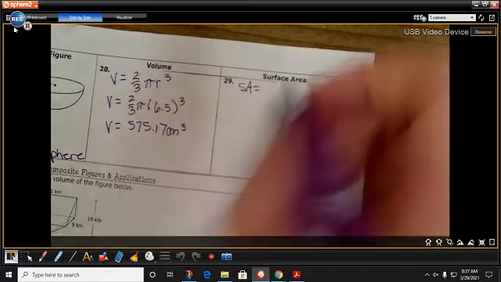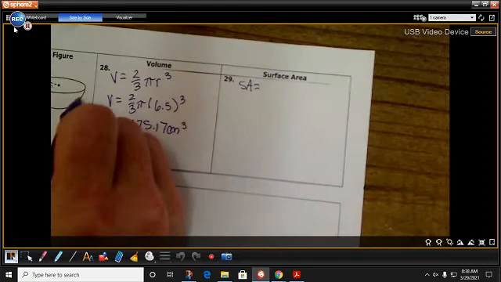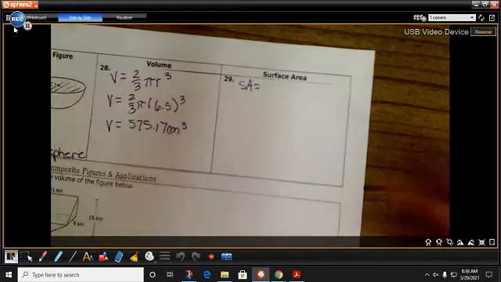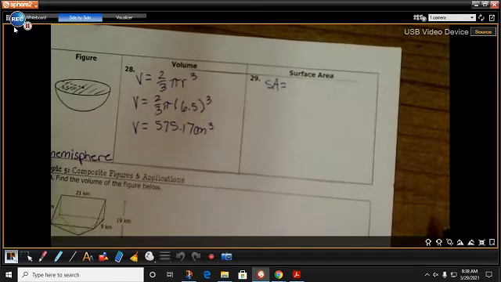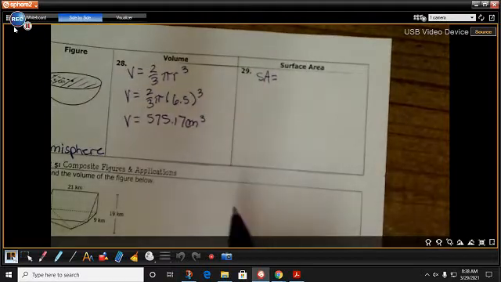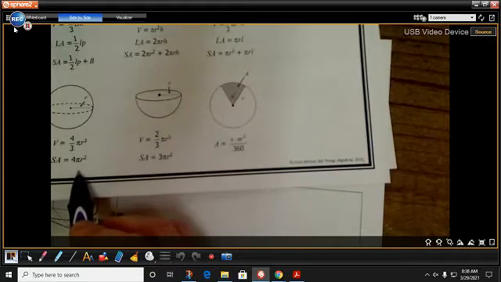For my surface area, I'm going to need to figure out my lateral area, and then I need this flat area here on top. And so I know that the total surface area of a sphere was 4 pi r squared.